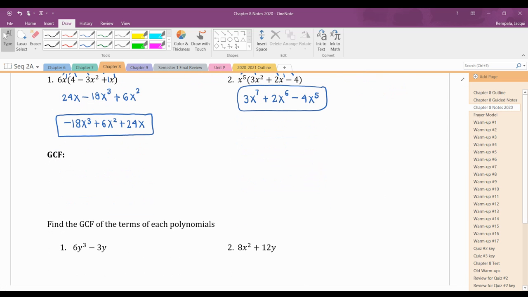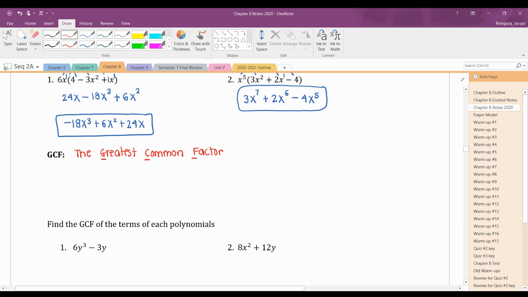All right, so moving on to the second concept. The second concept is all about GCF. That stands for the greatest common factor. So G is greatest, C stands for common, and F stands for factor.